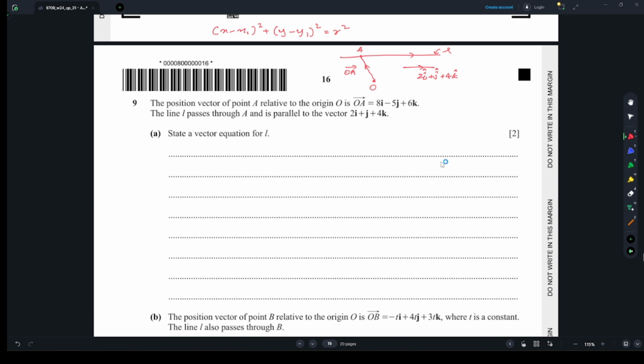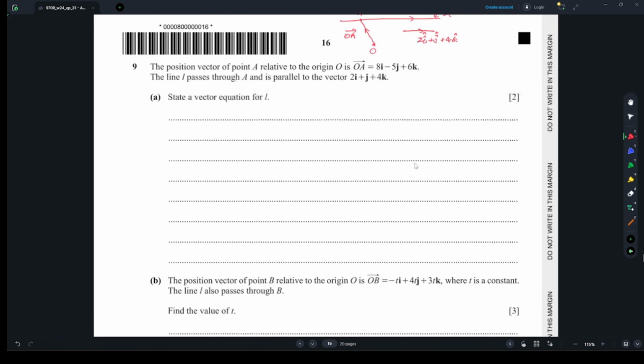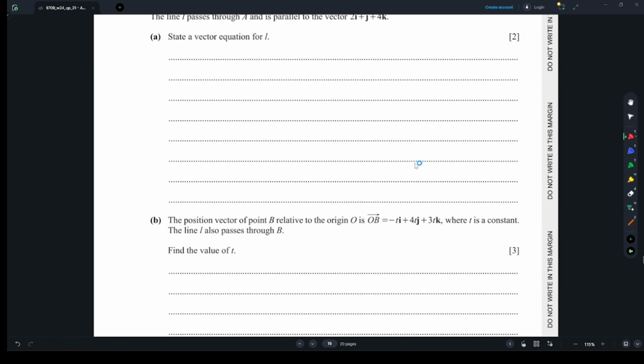Okay, so then how can I write? Here I will just create an easy way for you to understand. We have this line, we have point A, we have the origin, so we know the OA vector, right?